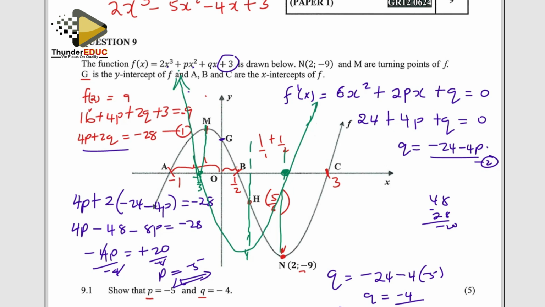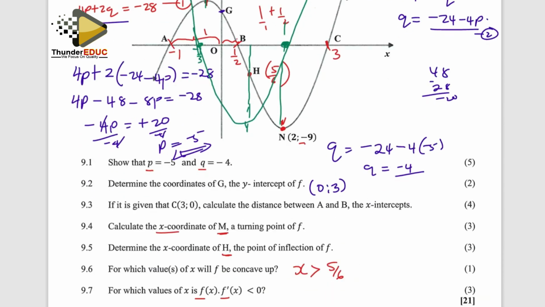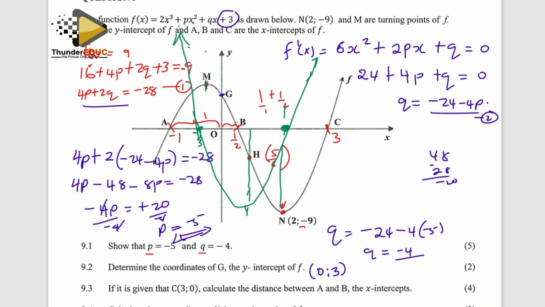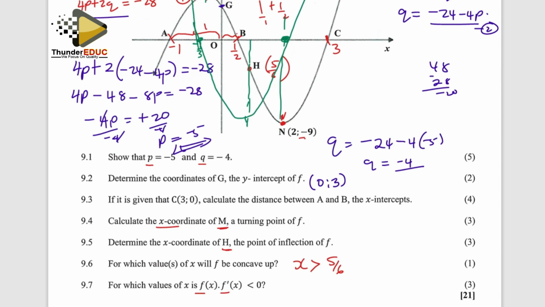Okay. Now the question is asking us, where do we find f of x, f prime of x, to be less than 0? So one must be below the x-axis and the other above, or the other must be below and the one above.